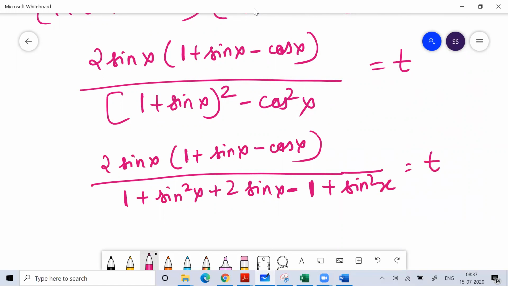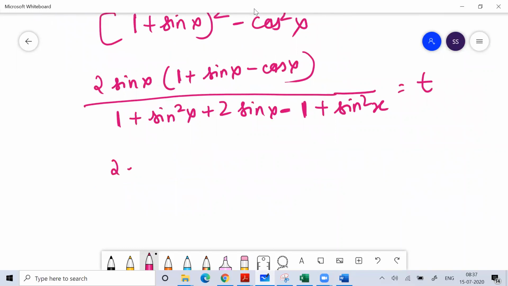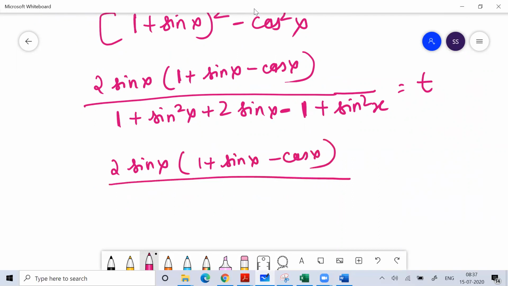This is equal to t. Then I can write this as 2 sin square x plus 2 sin x equal to t.